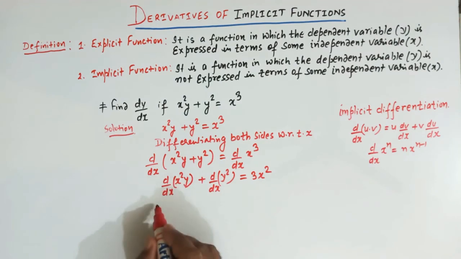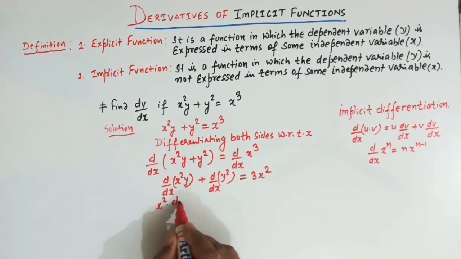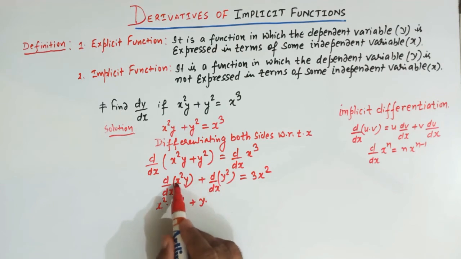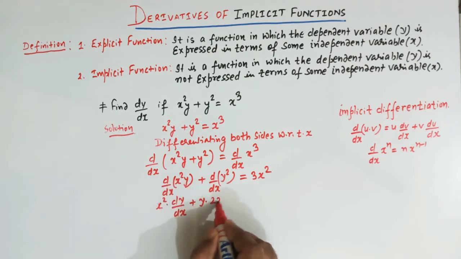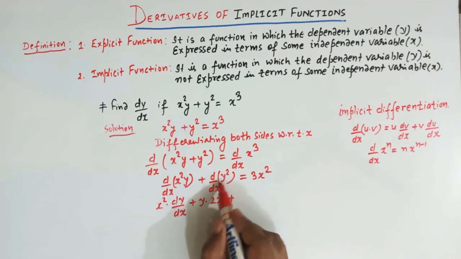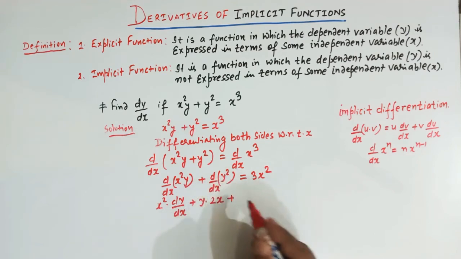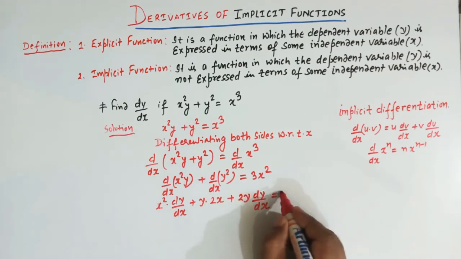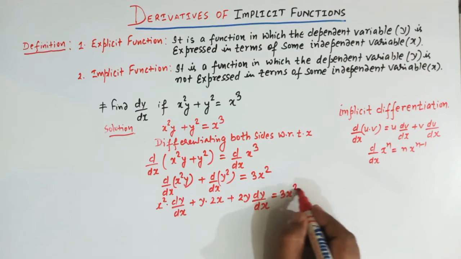So here we can write it as x square times the derivative of y, then we have y, and the derivative of x square, that is 2x, and the derivative of y square with respect to x is 2y dy over dx, and this is equal to 3x square.